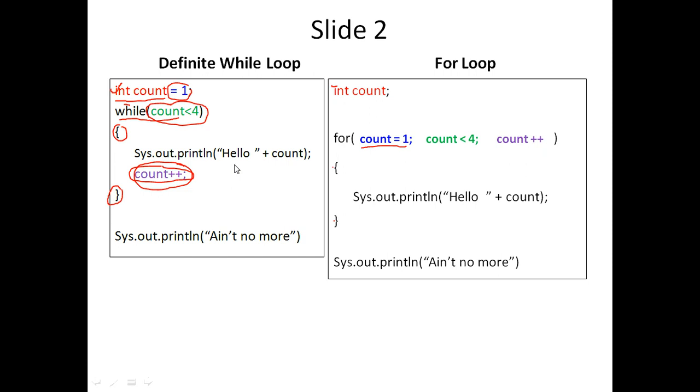So now we're going to start at the top line of code right here, and we're going to follow the code in order and see what it does. So first of all, it declares the variable int count, and so now we have the memory location that has the name count to it.